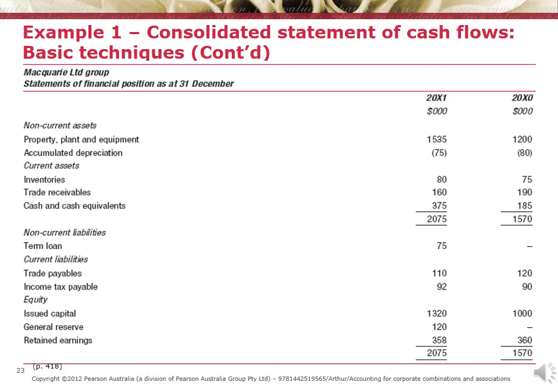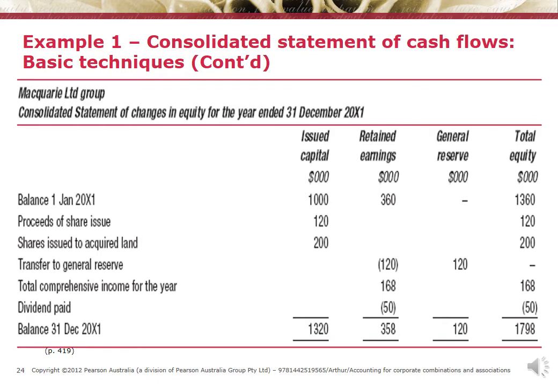Let's have a look at the next slide now and look at this consolidated statement of changes in equity. In this financial statement we have a bit more detail as to how the share capital increased from 1 million to 1.32 million during the period, and we can see here there's proceeds from share issues, and there's actually shares issued to acquire land, so that's a non-cash transaction.